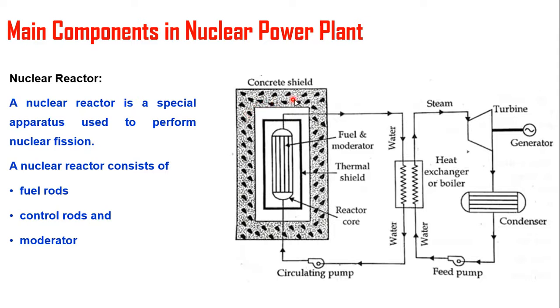This is very important. Splitting up of nuclei of heavy atoms is called nuclear fission. Just now we saw in the last slide how the animation shows the nuclear fission, during which a huge amount of energy is released.